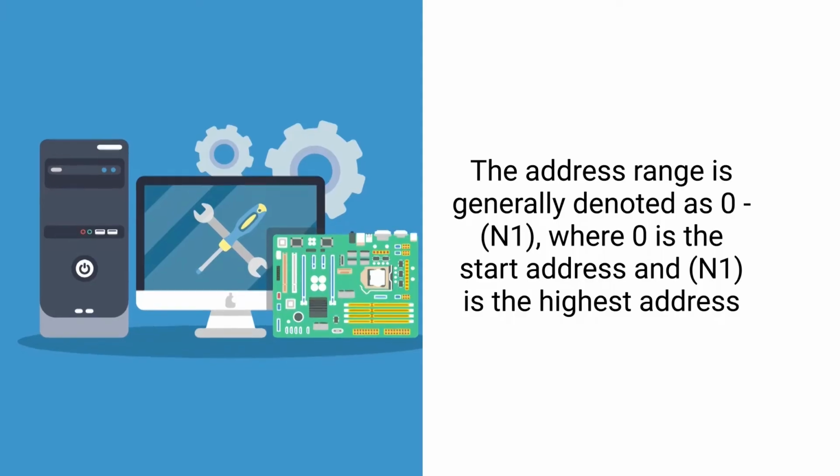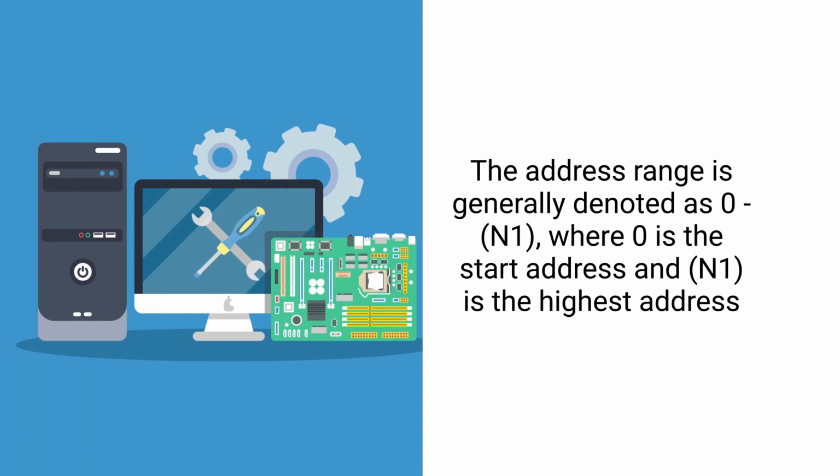There we have the concept of random access memory, that is, we can directly access any address and hence the data available at that address. Generally the address range is denoted as 0 to n minus 1, where 0 is the starting address and n minus 1 is the highest address available in that memory.